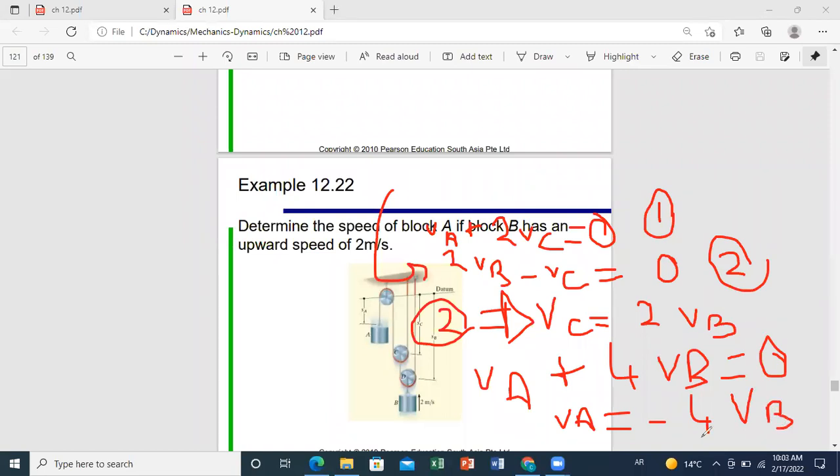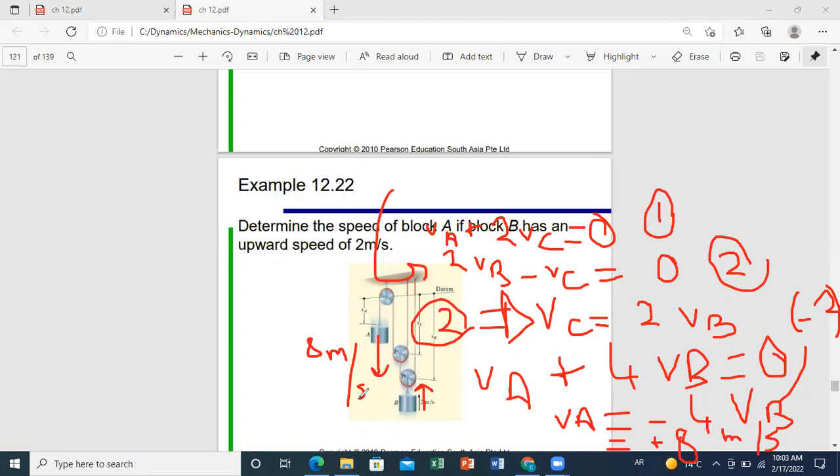And since B is moving upward, it has a negative velocity, I will replace VB by minus 2. So VA will be minus 4 times minus 2. It will be equal to plus 8 meters per second. This means that block B will move upward with a velocity of 2 meters per second, while block A will move downward with a velocity of 8 meters per second.